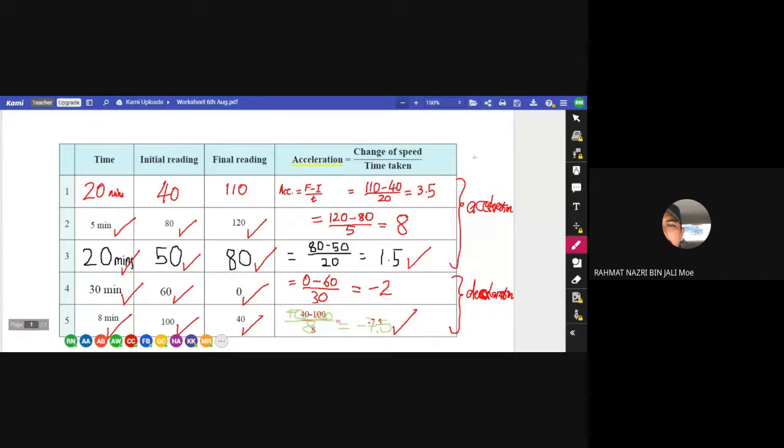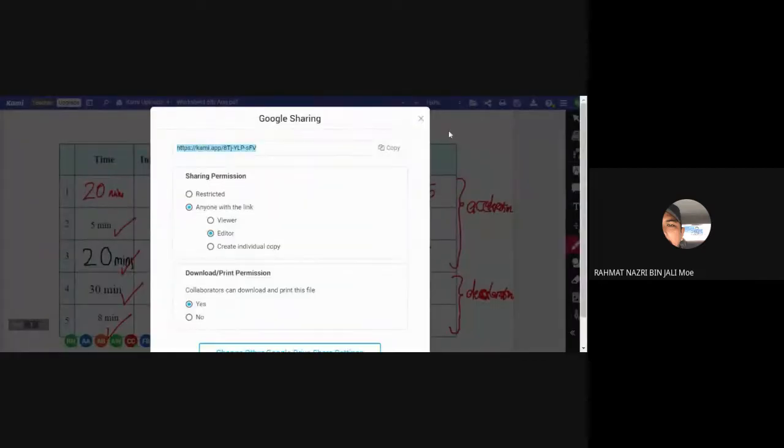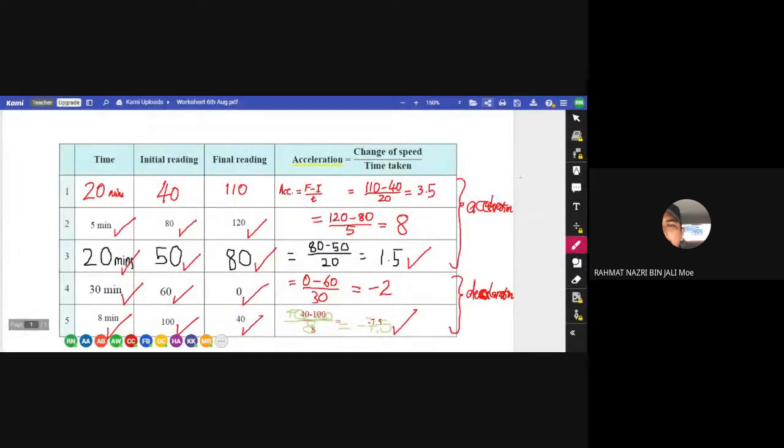Okay, now I will stop sharing. Thank you. Negative 40 minus 100 divided by 8. So we get negative 7.5.